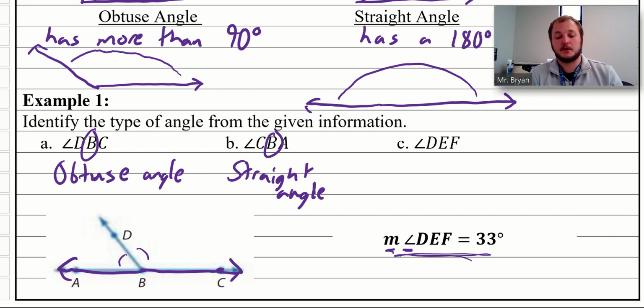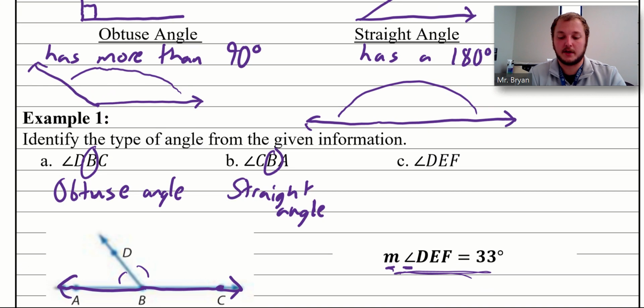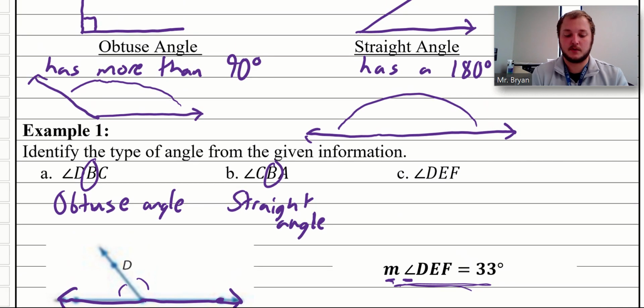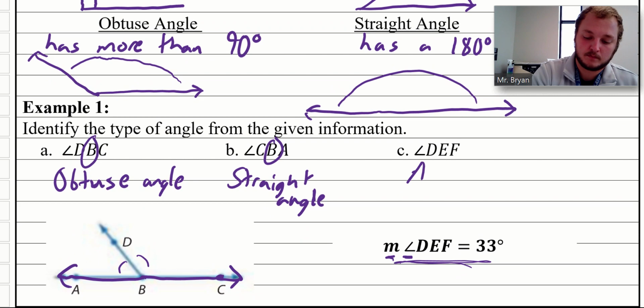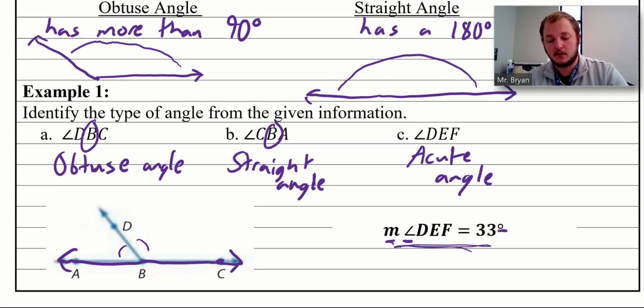Numerically we can still figure this out. I look back at my definitions, 33 is less than 90, so that has to be an acute angle. So I'll write that in here, acute angle. If I see any number less than 90, that's going to be an acute angle. If I see any number over 90, that's going to be obtuse. And we see this degree symbol as well. Make sure you're always marking that on all of your angles. All right, hopefully that was simple enough.